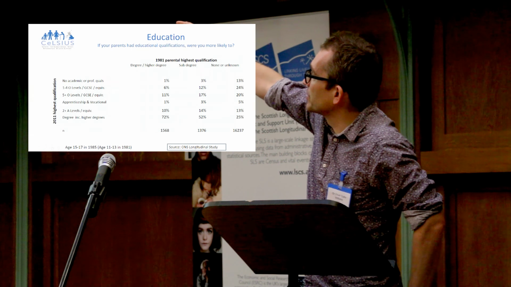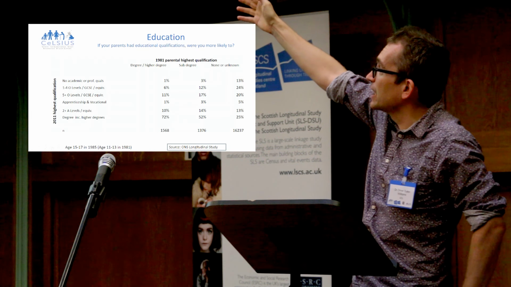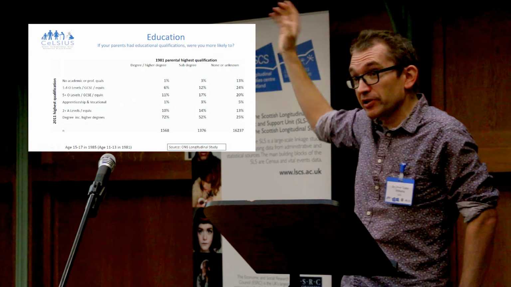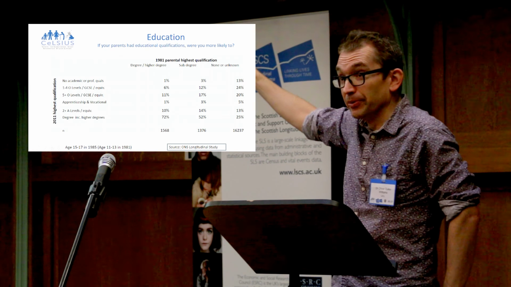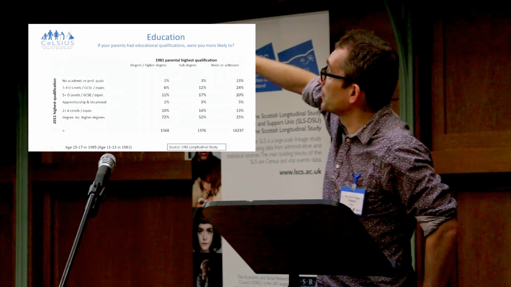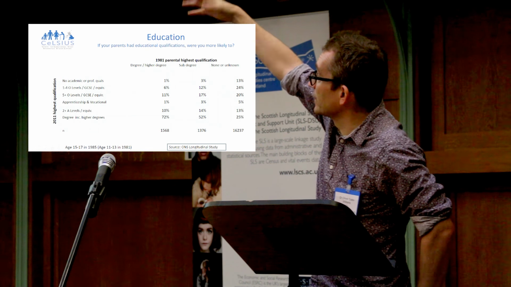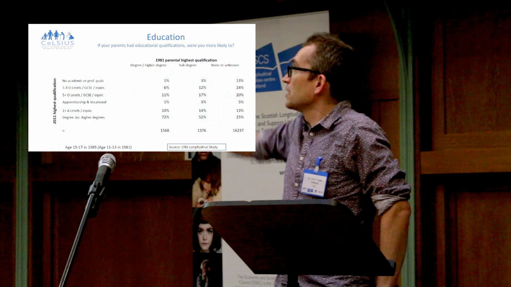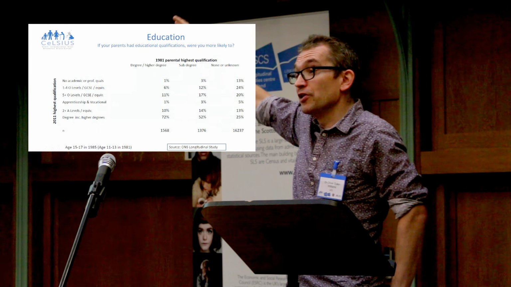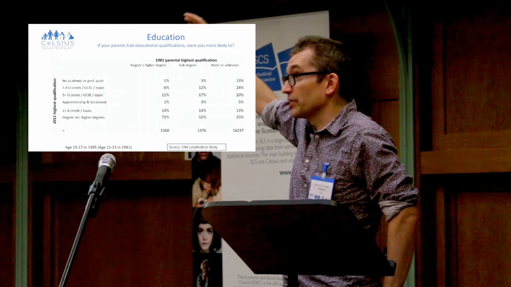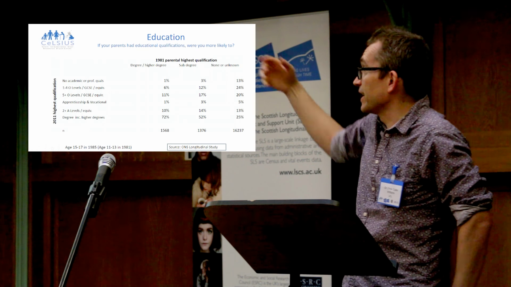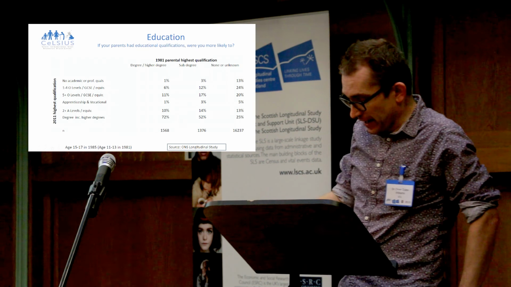On the right-hand side, we see that if your parents didn't have any qualifications, it's still the case that a degree is the most likely outcome for you, although the difference between that and a low level of GCSE or equivalent education is very, very slim. So some of that's a hopeful story, but there's still quite a lot to be done in thinking about social mobility and education as we see it in the LS.